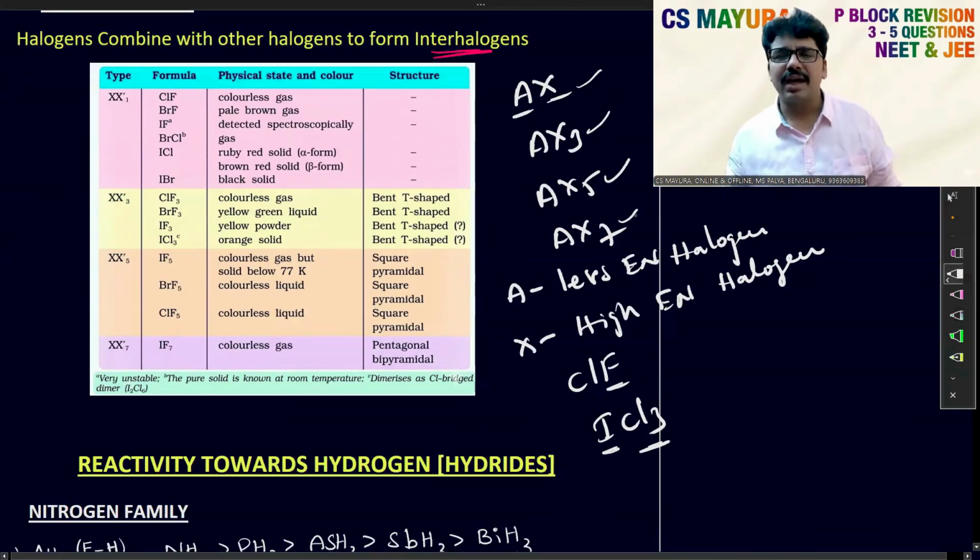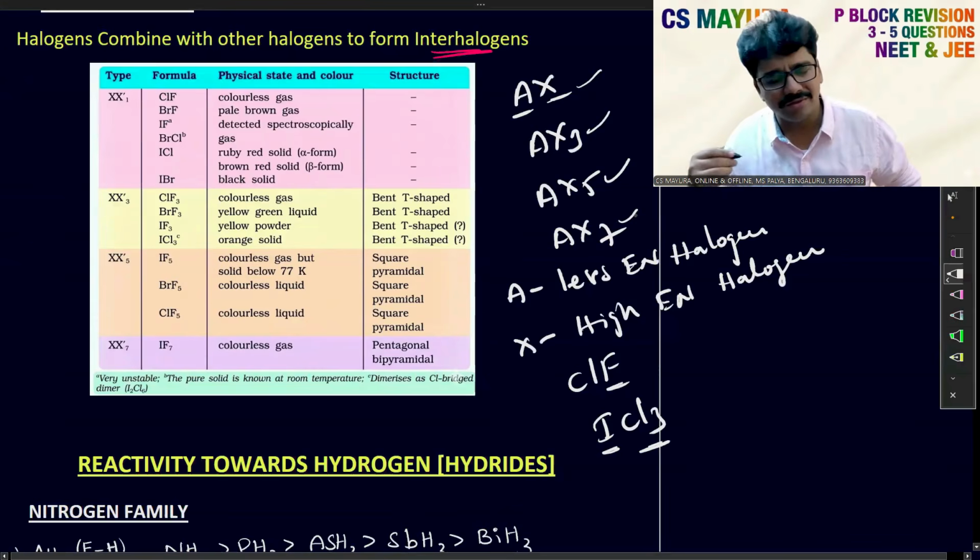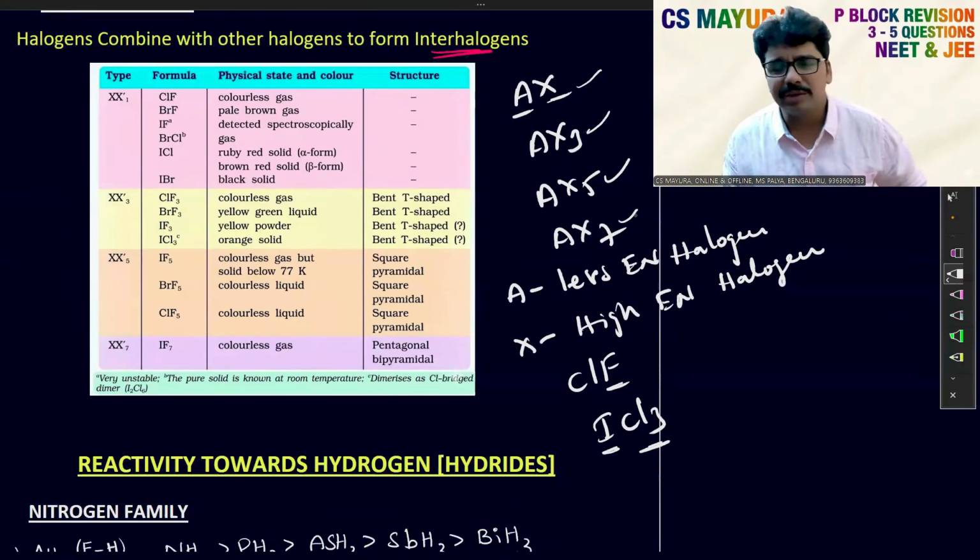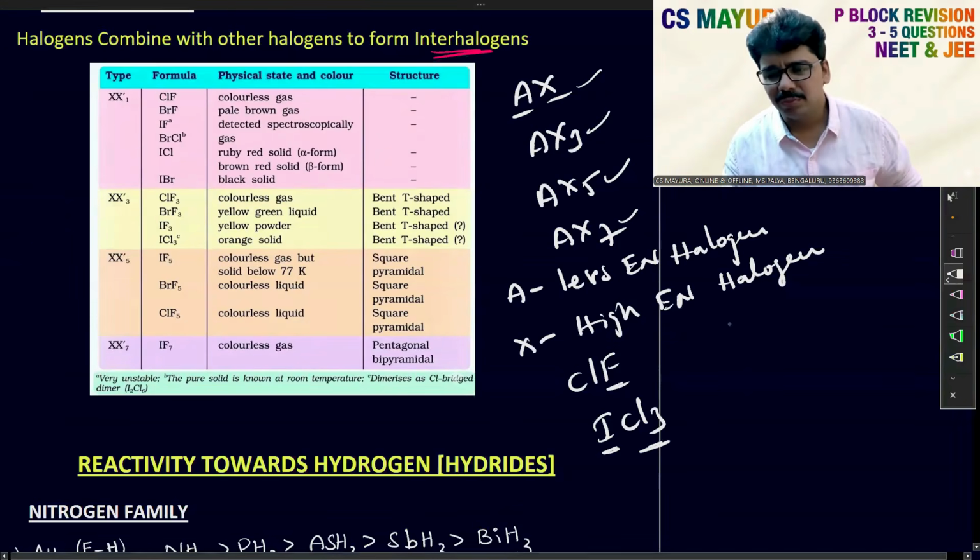These interhalogens are highly reactive. The compounds are formed, but they are not very stable, so their reactivity is more.